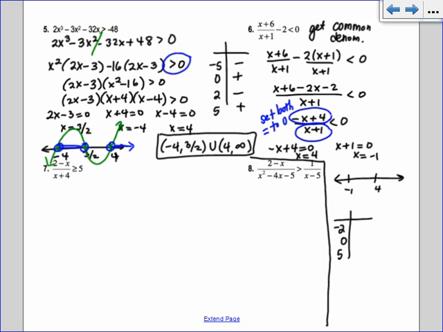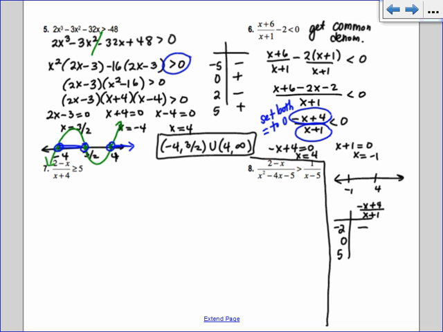When I'm testing -2 in the fraction (-x + 4)/(x + 1), what do I get? I get 2 plus 4, which is 6, all over -1. Is it positive or negative? A positive number on top over a negative number on the bottom is negative. How about 0?